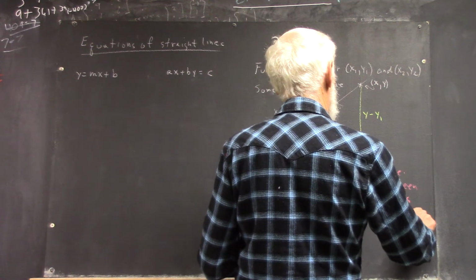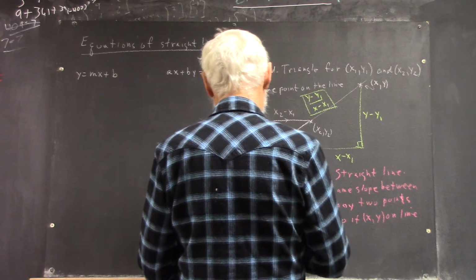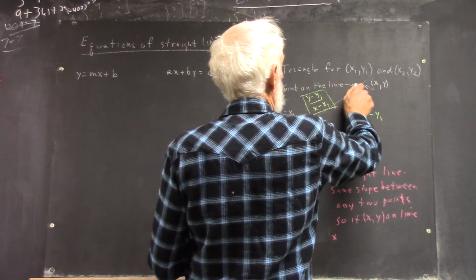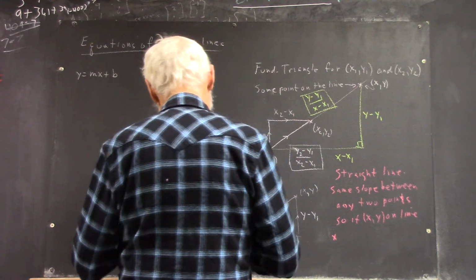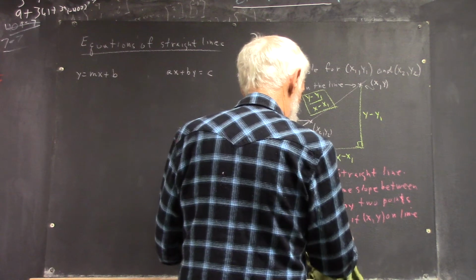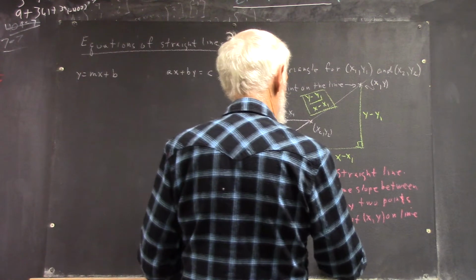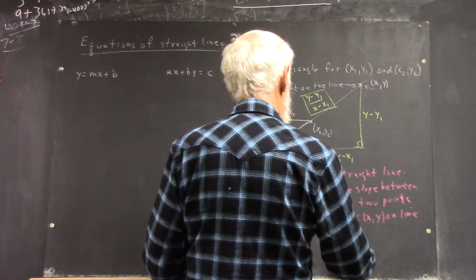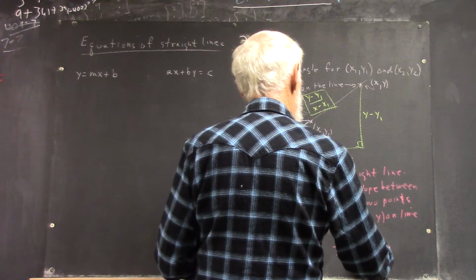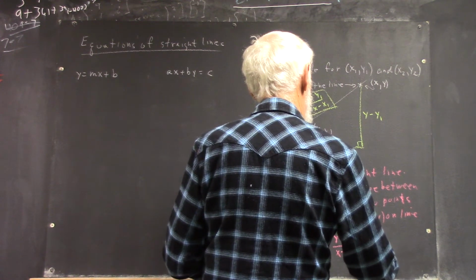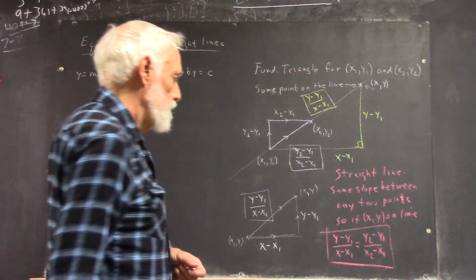If x, y is on the line, some point on the line we call x, y, then think before you write. And we've got this, right?